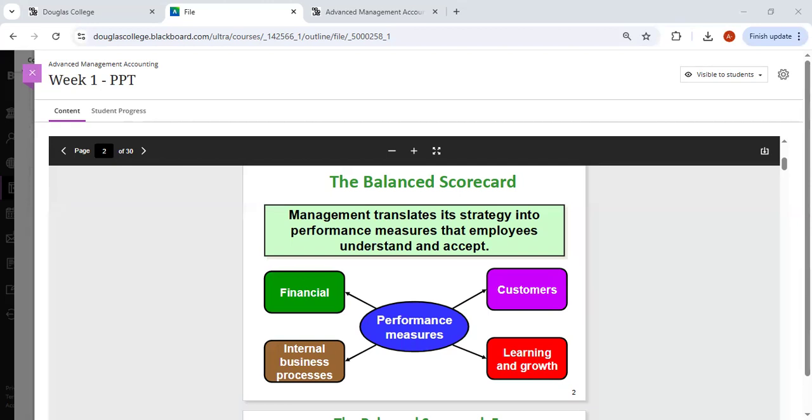I'm trying to find the exact definition of the strategy, because the definition of the strategy presented on those slides is very powerful, and I want you to feel that power from that definition. Now, I found it.